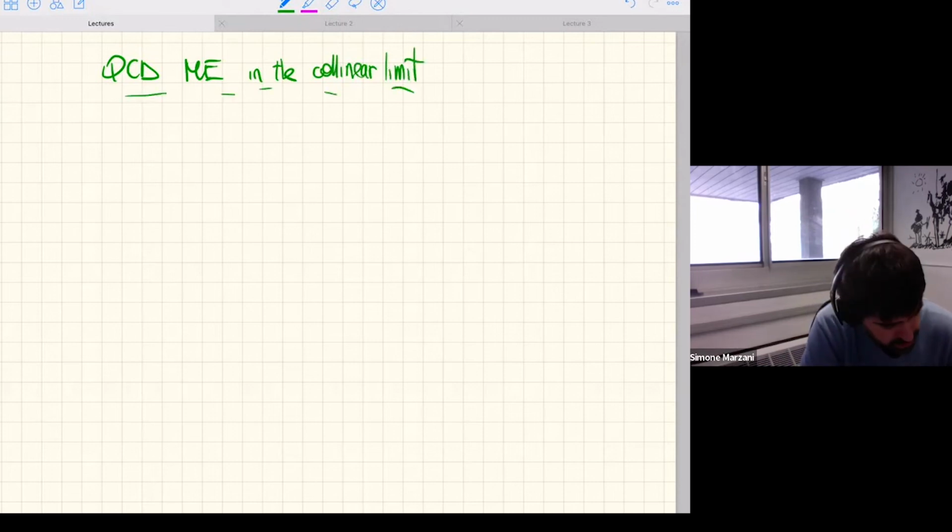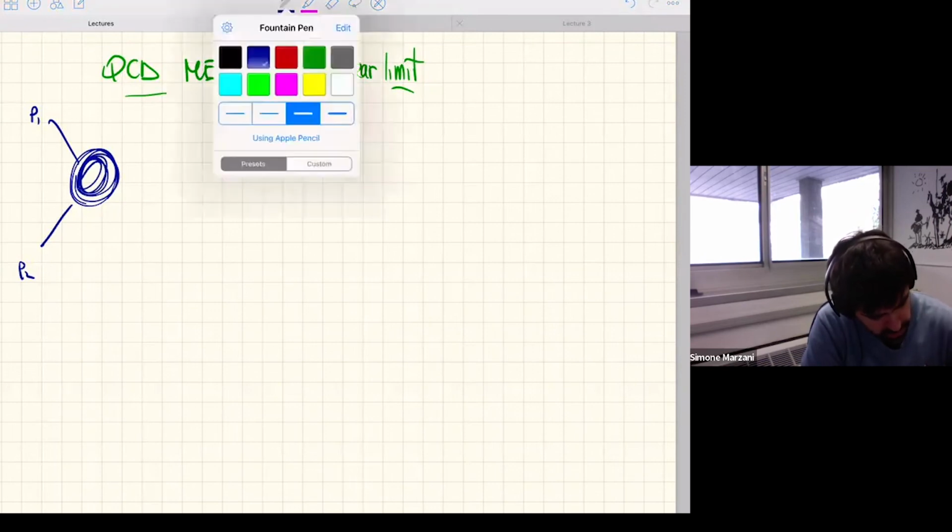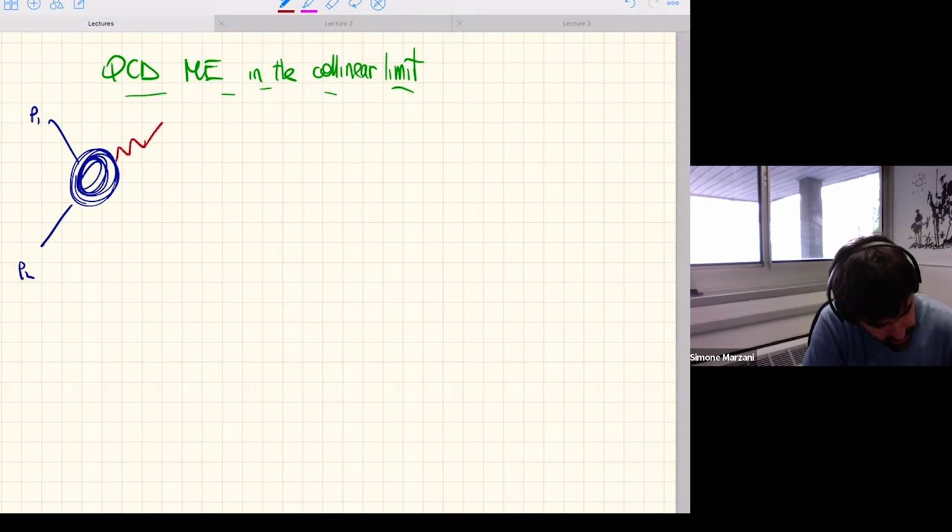Okay, so the picture is always the same that we had before. We have our hard interaction. We have two particles coming in, which we label P1 and P2. If we think about the Z, we still have our plus P minus, but we don't really care about it.